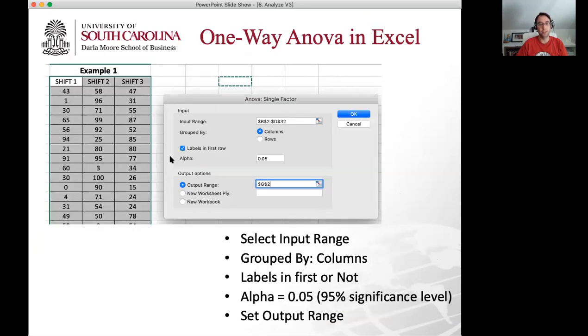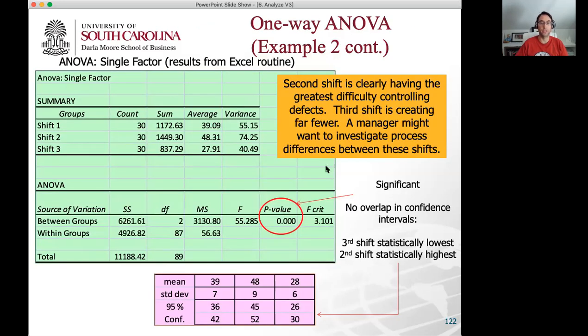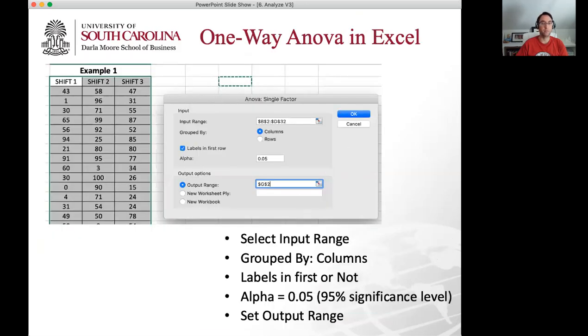This is how to do it in Minitab, and you can also do it in Excel, right? Here we have the step-by-step of how to do it. Oh, no, this is not Minitab, this is Excel, what I'm talking about. So we have the step-by-step here: select the input range.